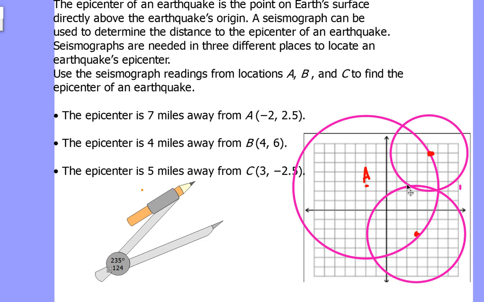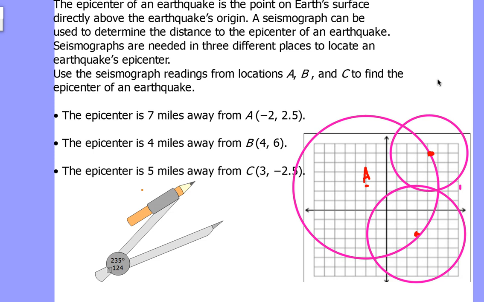And so the question was, where did the actual earthquake begin? Well, what do you think? Where would we think to find it, given the connection between what we know about circles and this problem? Hopefully we realize that it's at the intersection of all 3 circles.